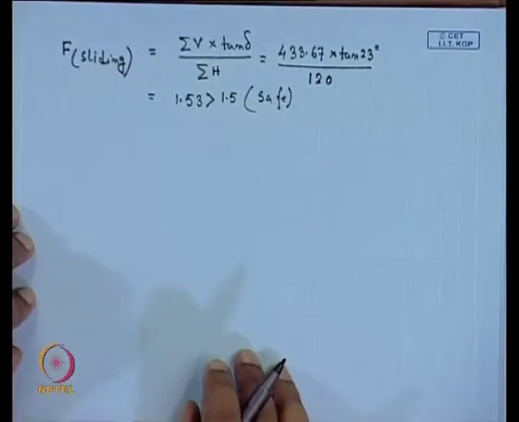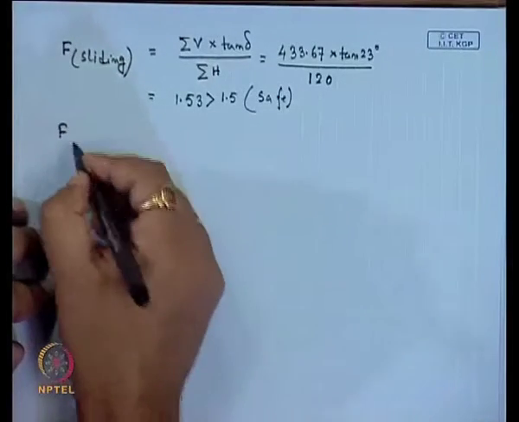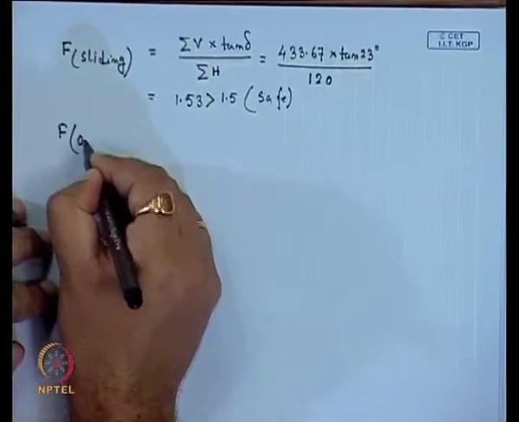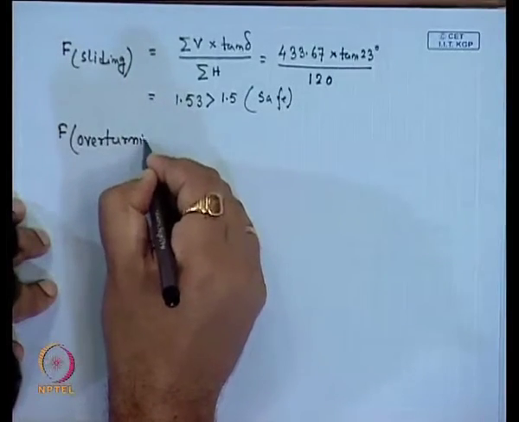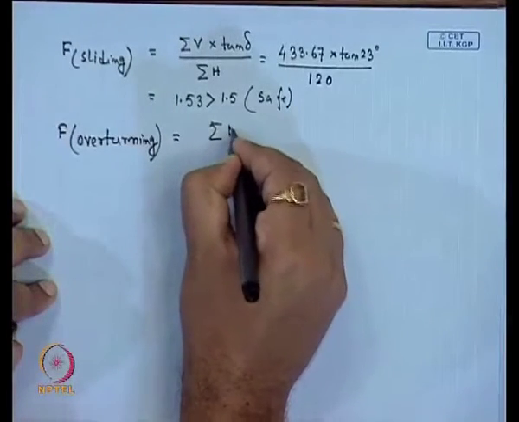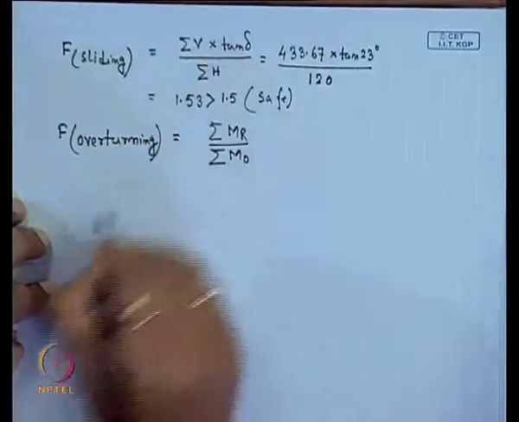Now the next check that we will do is the factor of safety for the overturning. That is the summation of resistive moment divided by the summation of overturning moment.